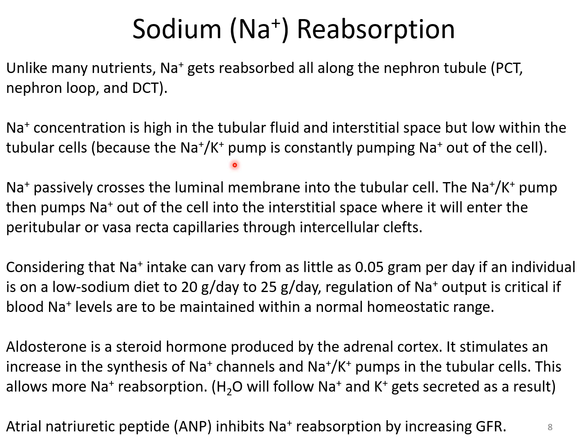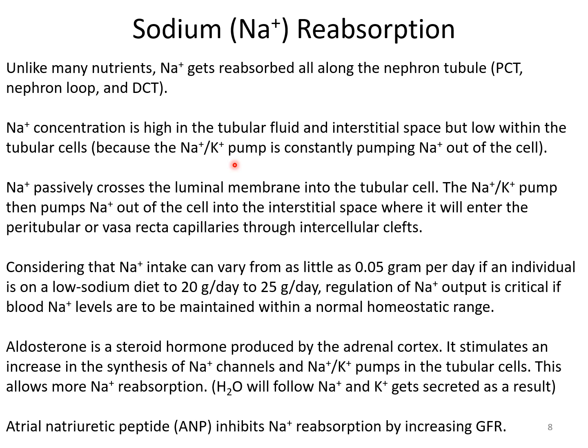Kind of aside here, water always follows sodium. So anywhere sodium goes, water is going to go. And then potassium gets secreted as a result. So let me stop and walk y'all through that again. So aldosterone is a hormone that gets produced by the adrenal cortex.